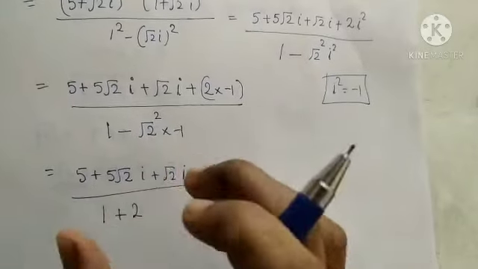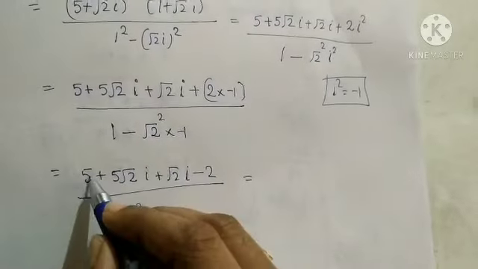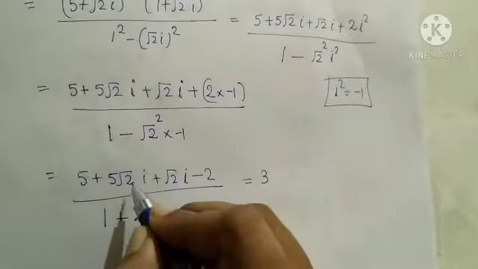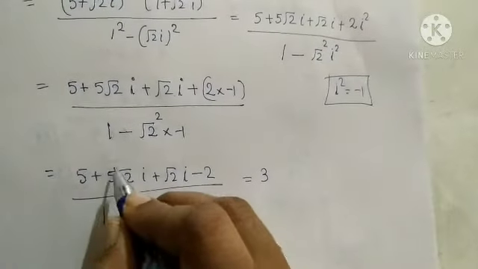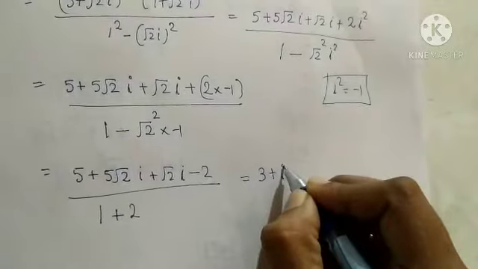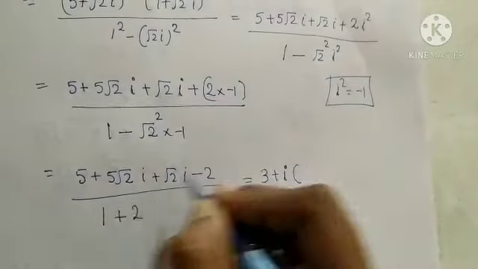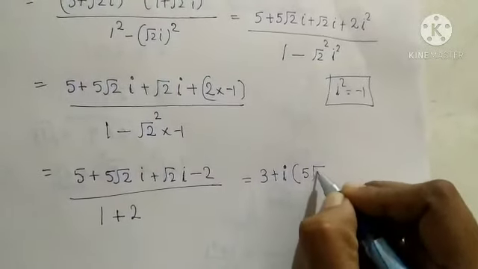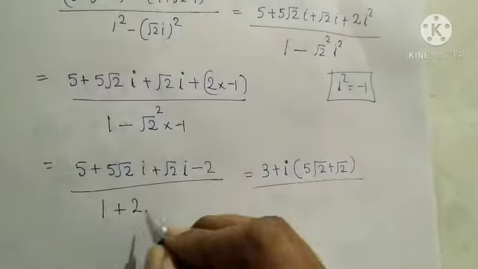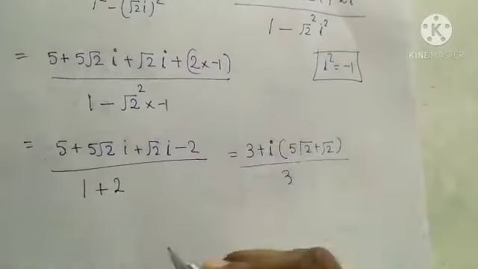Okay, this is equal to, I am taking the real part first, so 5 minus 2 will become 3, and the imaginary part is 5 root 2i and root 2i, so taking i outside, here we get 5 root 2 plus root 2, whole divided by 1 plus 2, 3.